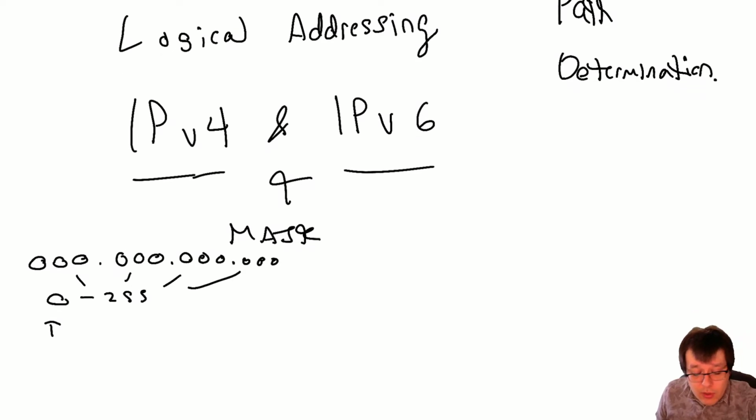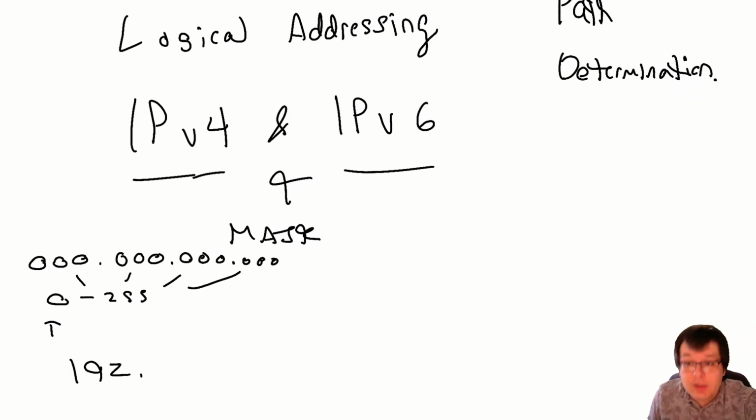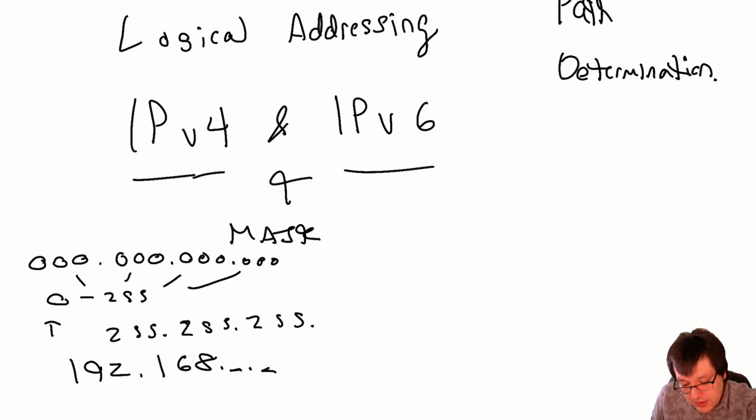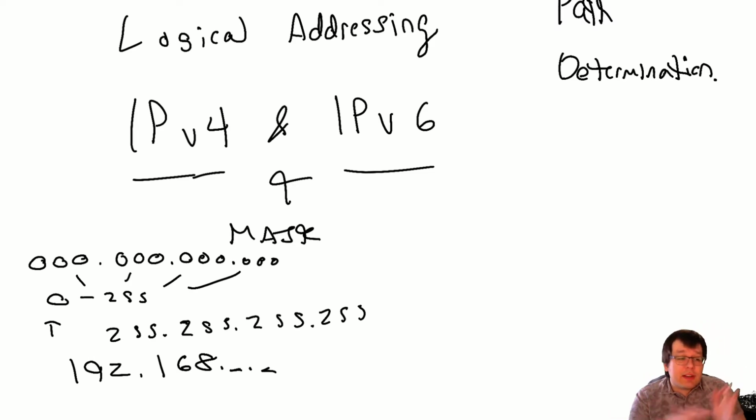There were reserved ones for your local network, of course, with 192.168, and then the other ranges. And then 255.255.255.255 is kind of a special one. Essentially this addressing is part of your network layer.